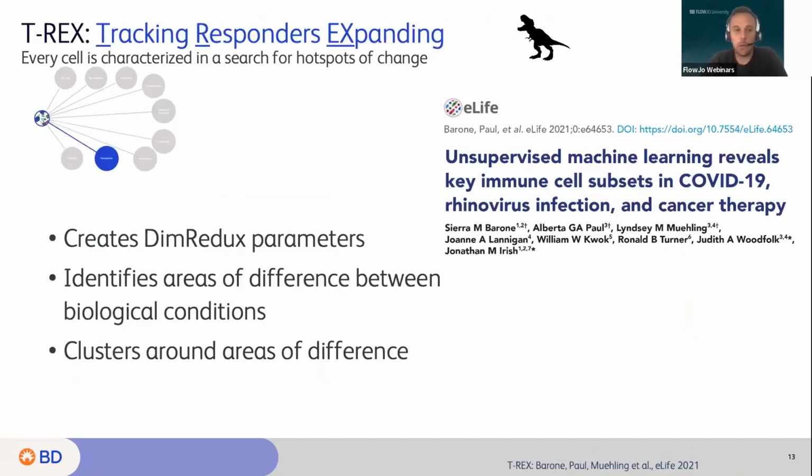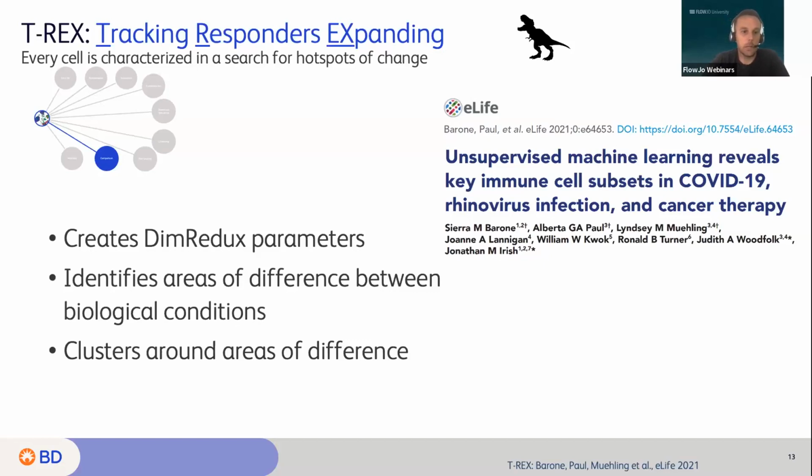Another tool, I think one of my most favorite ones since the release, is T-Rex. And T-Rex, in my mind, is a little bit like a pipeline. This T-Rex plugin is gonna run a dimension reduction and a clustering algorithm automatically for you.